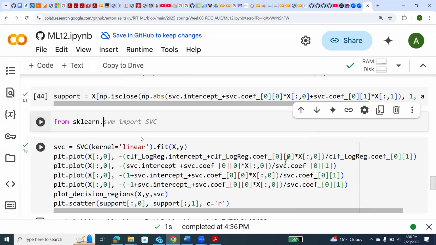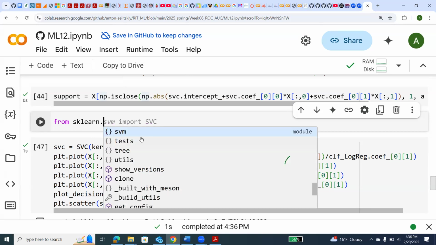You don't need to do this. It's just for illustration.